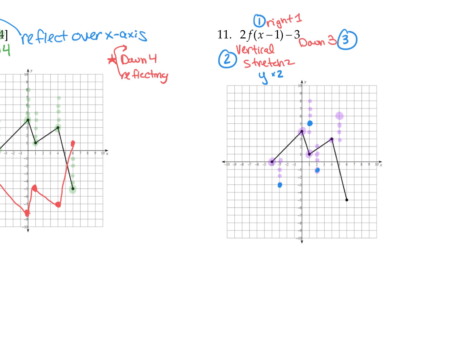But then down 3 will put me back at 5, 3. Then this last point is at 6, so I'll move it over to 7 for right 1. Times that by 2 puts me at negative 10. And then I actually go down 3 more from there, so I'll end up at negative 13. So my shape will look something like this.